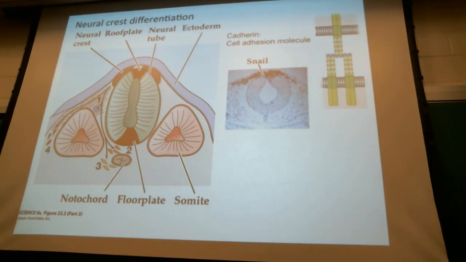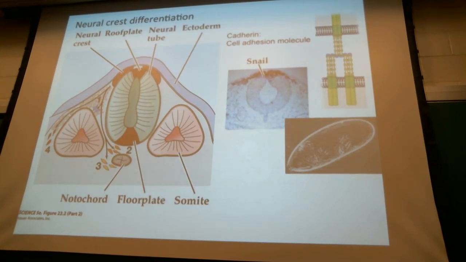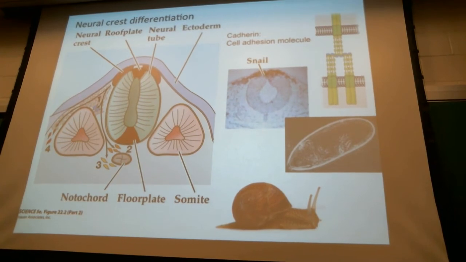Now, this protein was discovered also in Drosophila, and if you lose this protein, the Drosophila looks like this. Do you see this? Actually, I see several of them here and here, maybe here too. So that's why they call it snail.